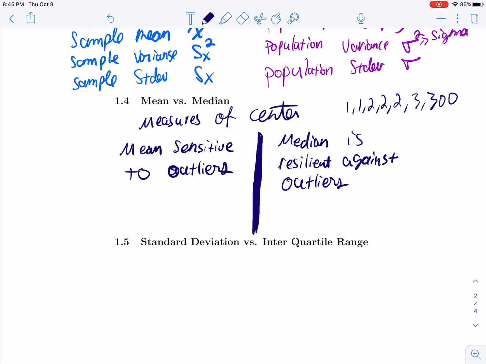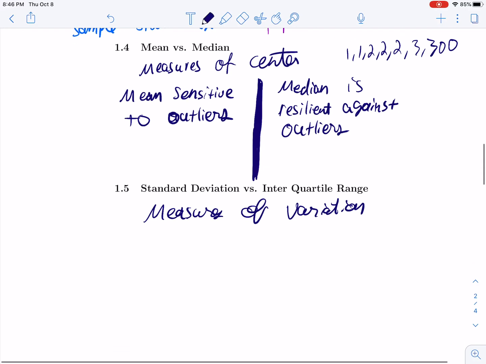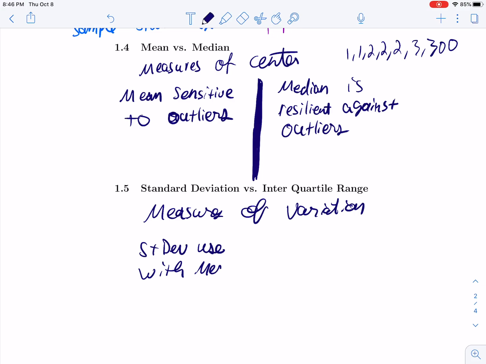Then we have standard deviation versus interquartile range. These are both measures of variation. The standard deviation you use with the mean. So when you take the average, you use the standard deviation. And the interquartile range, you use with the median as a measure of variation.